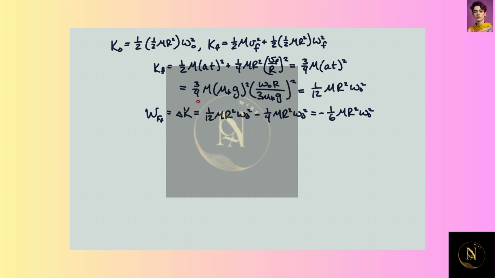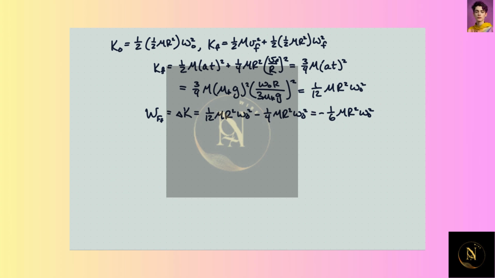After some algebra, lots of things cancel out, and it is 1/12 mr squared omega naught squared. Now we can take the difference, and that's going to be the work that this friction force did. So we have 1/12 mr squared omega naught squared minus 1/4 mr squared omega naught squared. So that's minus 1/6 mr squared omega naught squared.